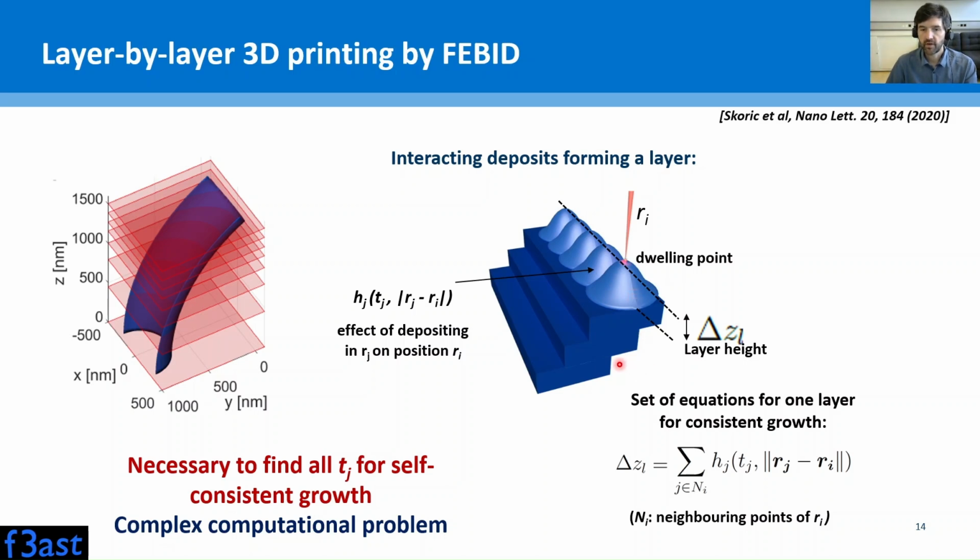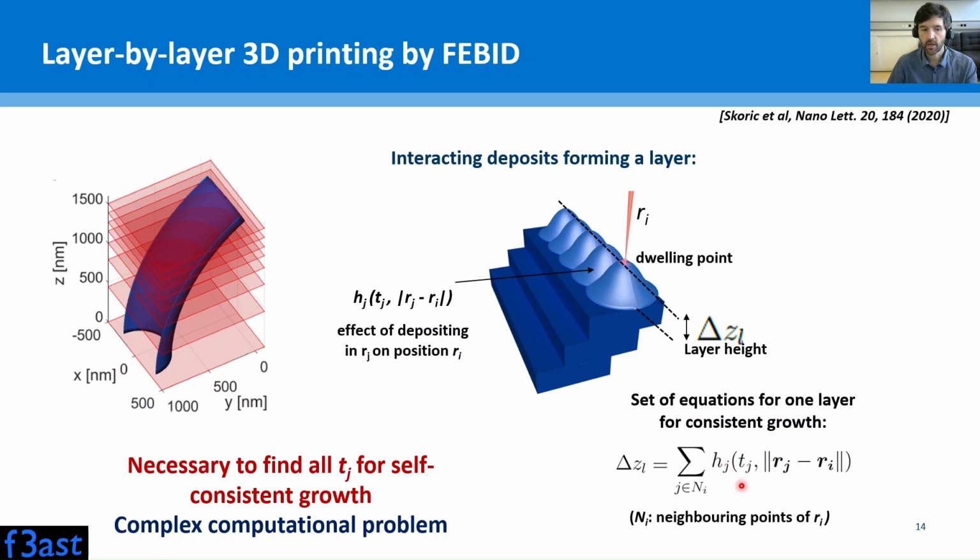So the effect of neighboring points on a given spot can be mathematically written this way, where the layer height is equal to the heights of all the points that need to be taken into account, not only the point in which I am dwelling, but also all the neighboring points that may be also playing a role.